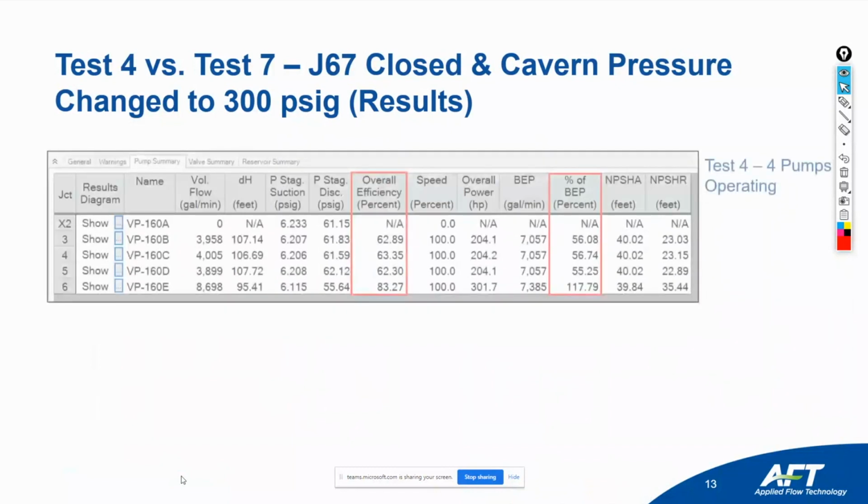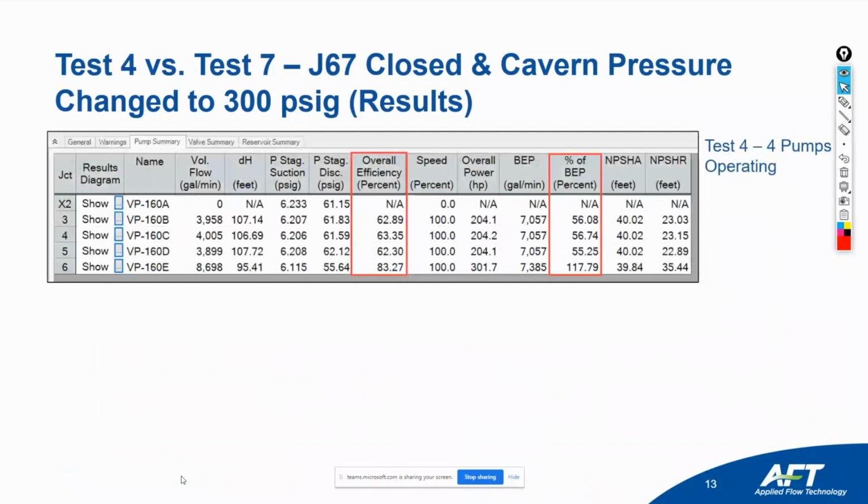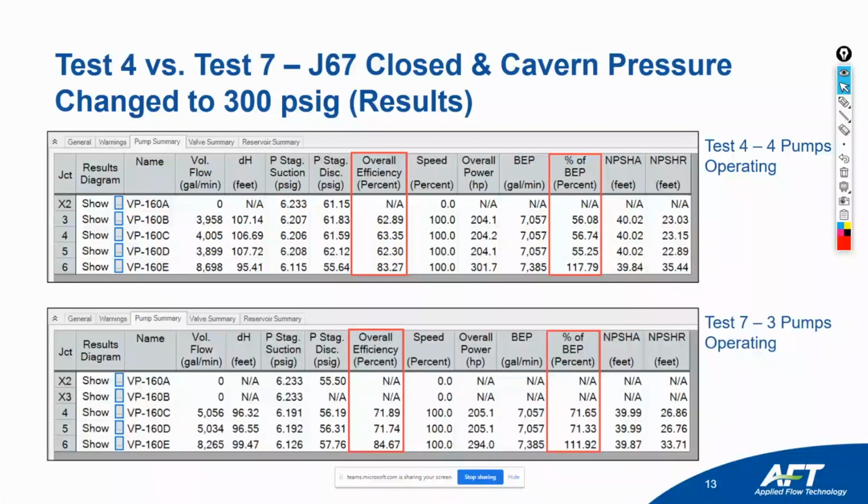So with operating 4 pumps in parallel, these 3 pumps were operating at about 55% of BEP. Simply by just shutting off 1 pump, they were able to get the flow rates that they needed for the proper delivery, but their BEP proximity jumped up by 15%.